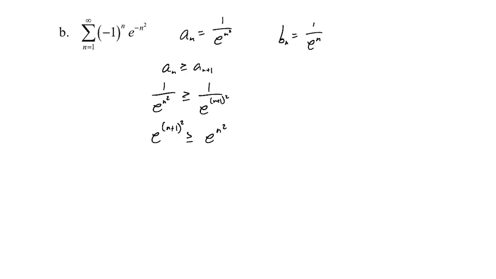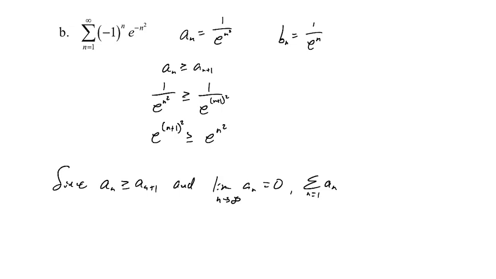Right, that is good. Okay, and then since a sub n is greater than or equal to a sub n plus 1, and the limit as n approaches infinity of a sub n equals 0, the regular series, my alternating part, converges.